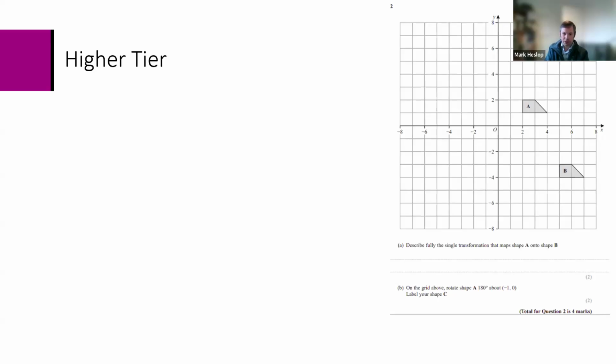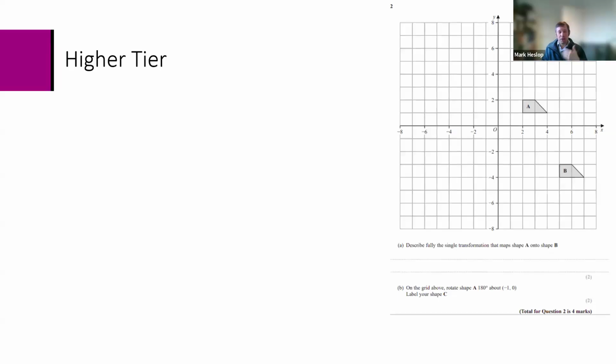Now, I'm going to say students do struggle to describe transformations. Not translation, usually, I would say. They certainly struggle to describe an enlargement, and they do struggle to describe a rotation. So what they will often do on a rotation, we'll ask them to give the single transformation, and they will describe a translation and then a translation and then a rotation, and that won't get them the mark.